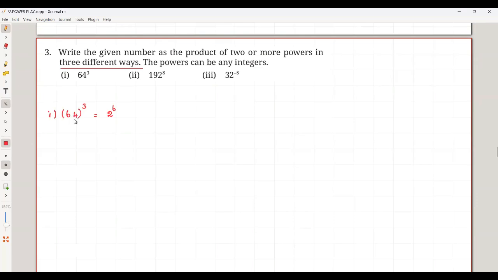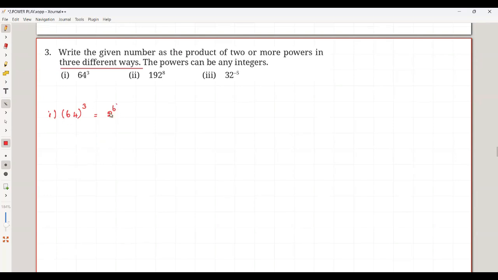If you want to find out how many times 2 is coming, you have to use the prime factorization, the L method. If you write the L method for 64, you will get 6 times 2: 2, 2, 2, 2, 2, 2. That means 2 power 6 gives 64.